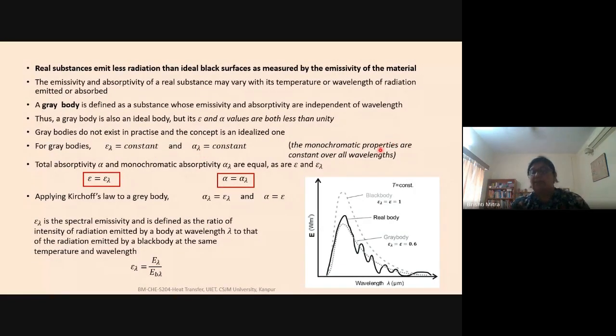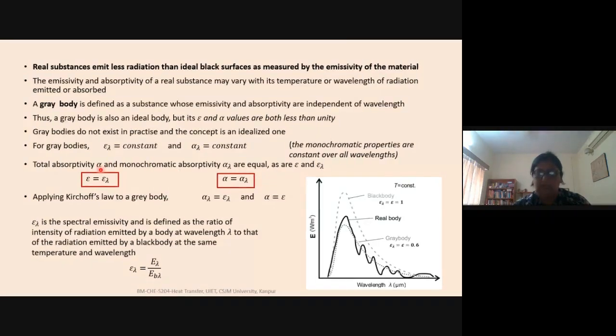So the monochromatic properties are constant over all wavelengths. So the total emissivity is the same as epsilon lambda for any particular wavelength. There is no variation because of the change in wavelength. Similarly, the total absorptivity is equal to the monochromatic absorptivity. So emissivity and absorptivity both remain the same in case of a gray body.